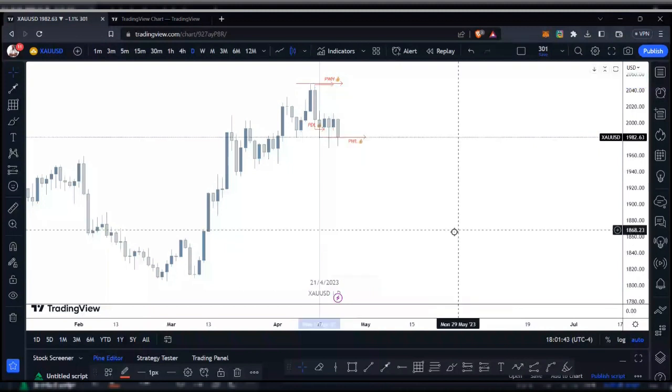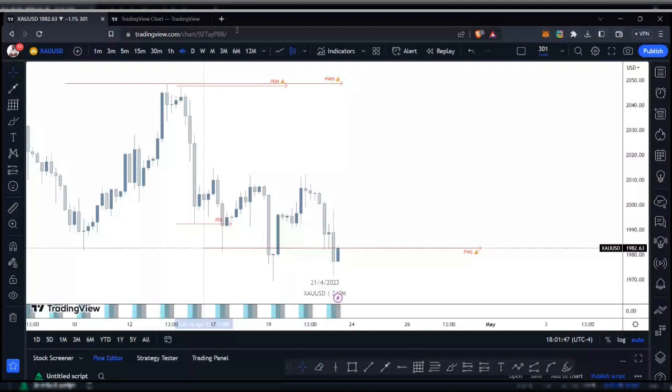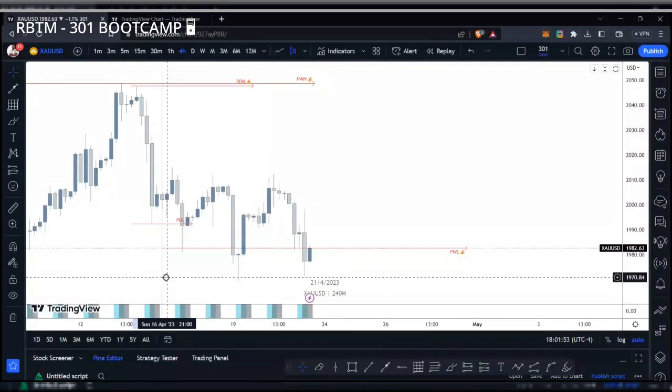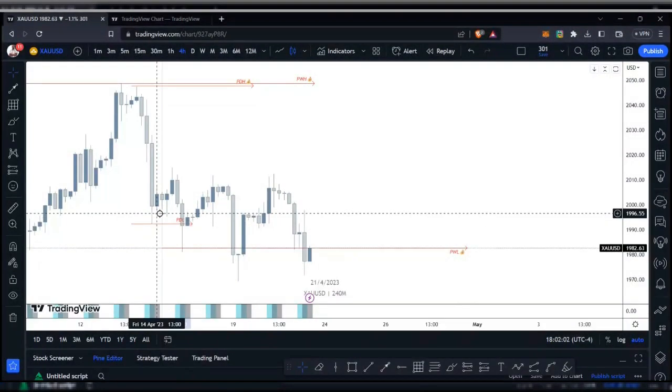And then we'll go to the H4. And on the H4, we're looking for that last candle. So I guess this is that last candle before market closed. This candle before market closed.